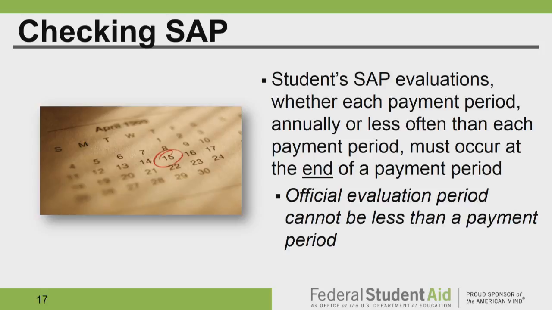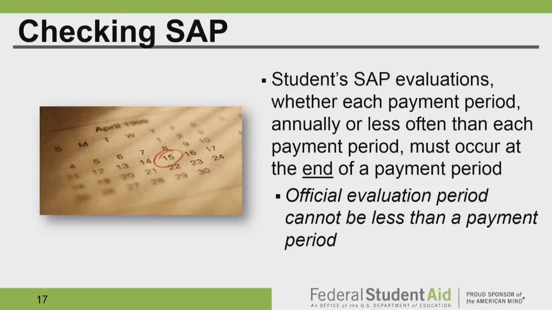Now, I have some schools that like to check more frequently, and by all means, we appreciate the work that you're doing with your students, especially those that might need a little more help along the way. You want to stay on top of them. Just remember, if you're checking in the middle of a payment period, in the middle of a term, those are unofficial checks.